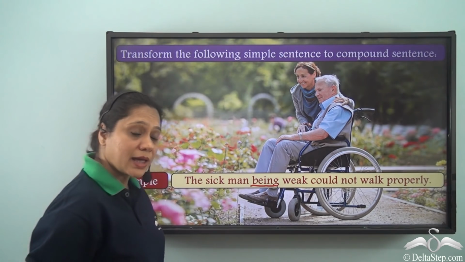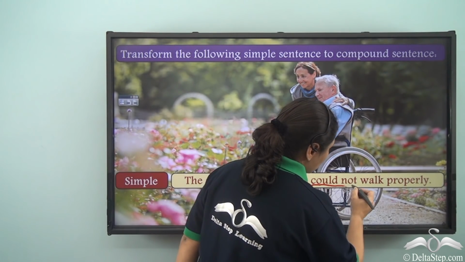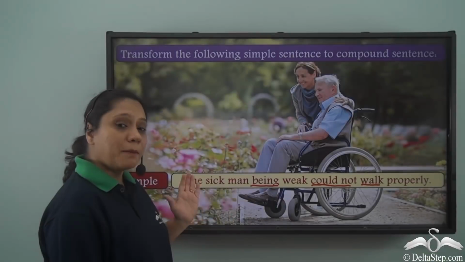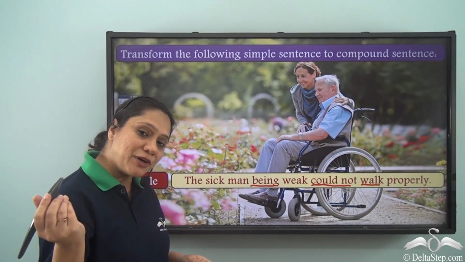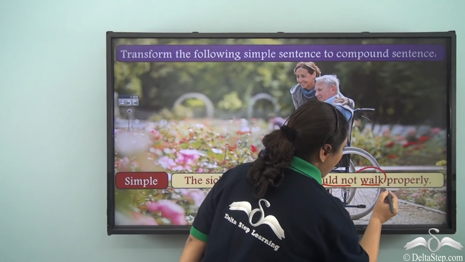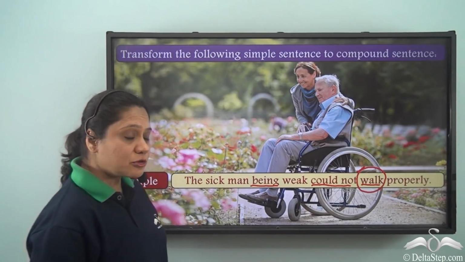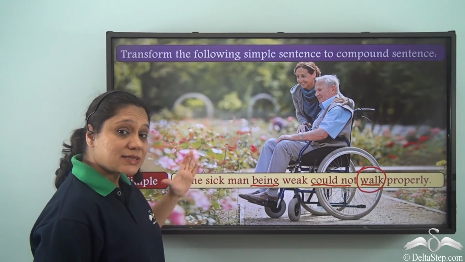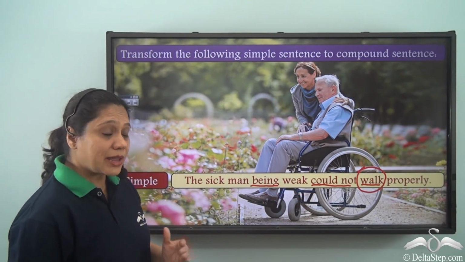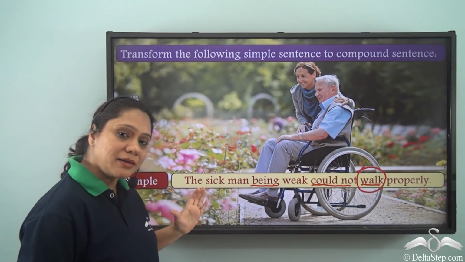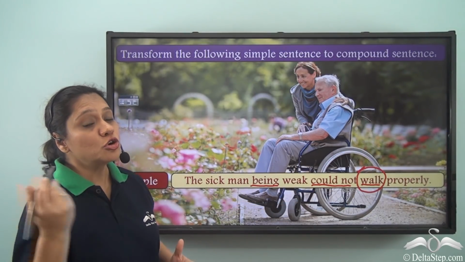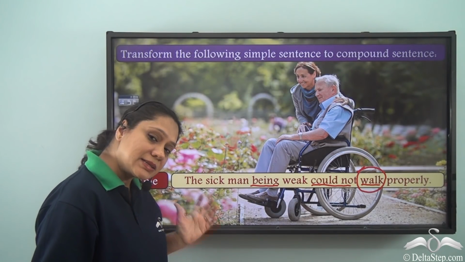Being and could not walk. But this sentence has only one finite verb, walk. So we have to change this sentence in such a way that we break this entire independent clause into two independent clauses.